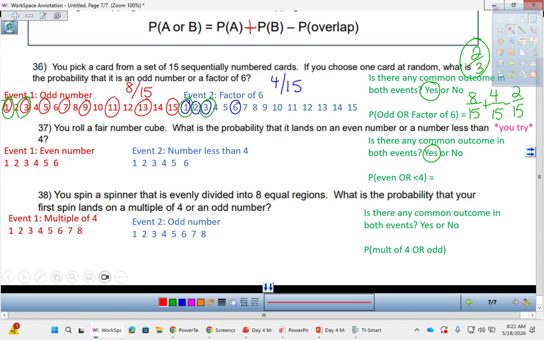What's the probability of it being an even number? 3/6 or 1/2. So even, 1, 2, 3. 3/6, 1/2. All right, what about less than 4? 1/2 or 3/6.